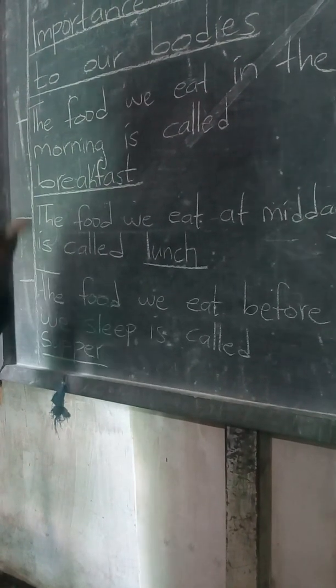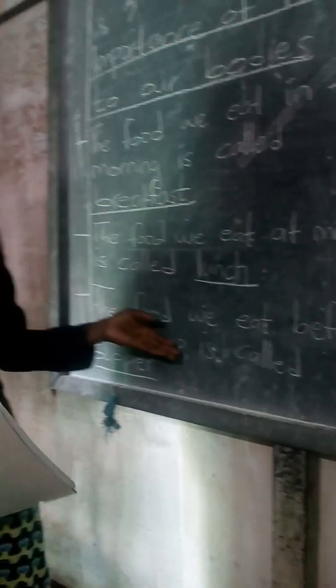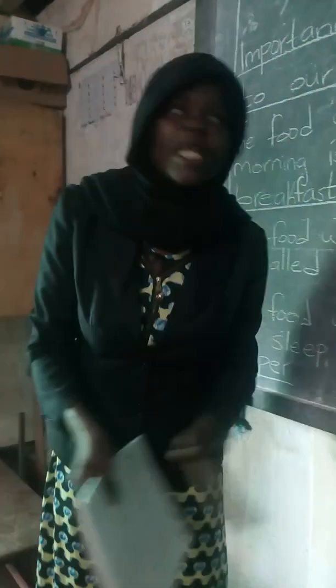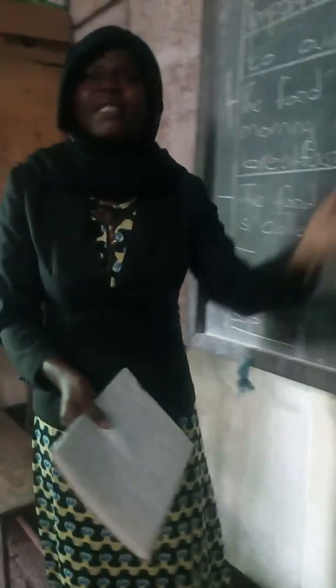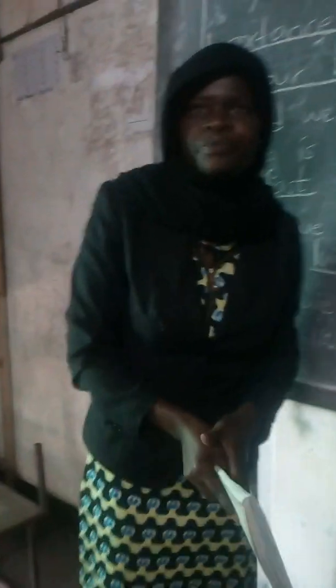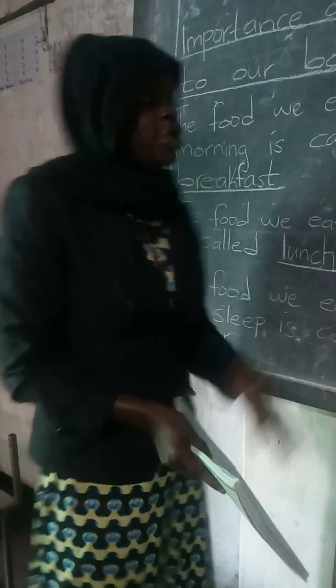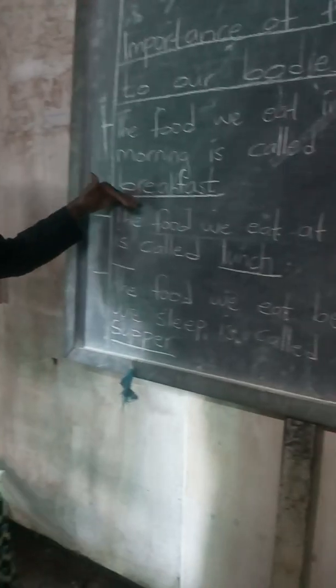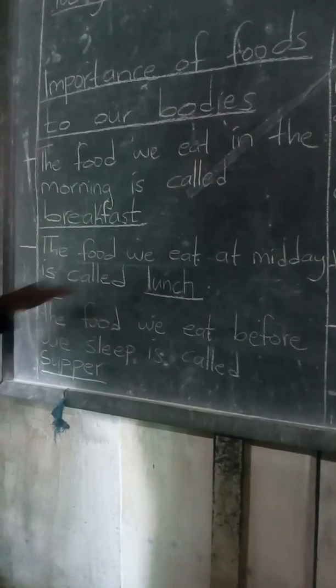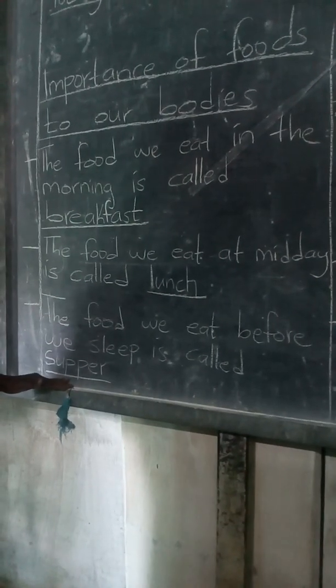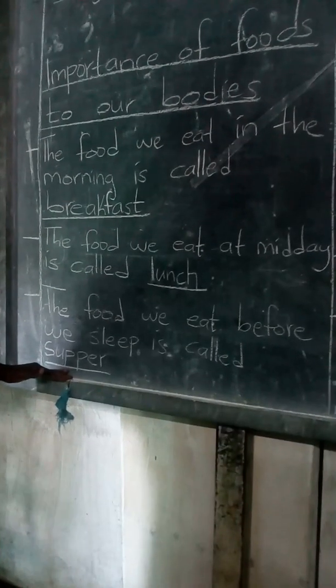An example of supper is foods like ugali. You can eat rice, you can eat chapati, you can eat chicken, you can eat meat. So we have breakfast in the morning, lunch at midday, supper in the evening before you go to bed.